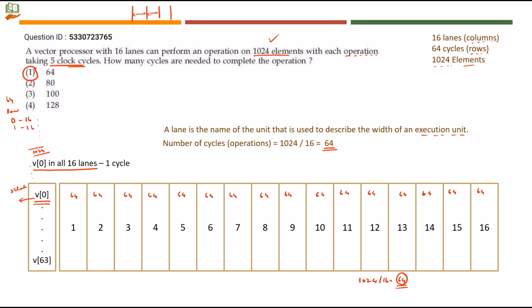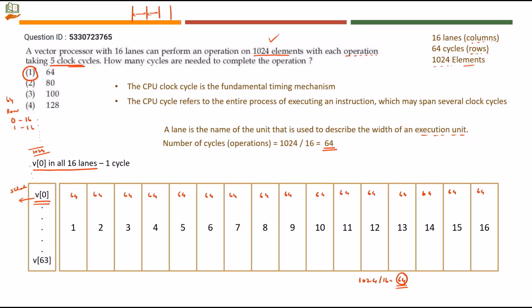Many confusions arise, like whether this is the number of operations or the number of clock cycles. The CPU clock cycle is the fundamental timing mechanism. The CPU cycle refers to the entire process of executing an instruction. So here we can equate one row to one instruction, and this happens in 16 lanes simultaneously.